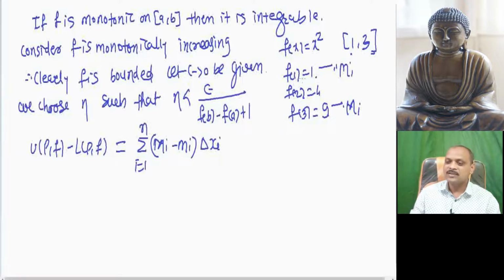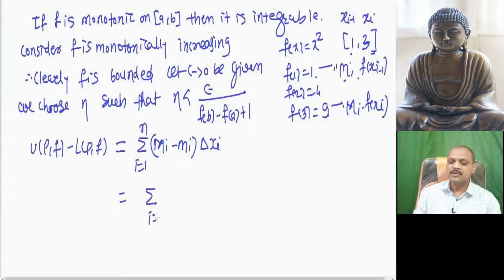If the interval is xi minus 1 to xi, then we get the minimum value as f of xi minus 1, and the maximum value at xi. So we have summation i equal to 1 to n of f of xi minus f of xi minus 1 into delta xi.